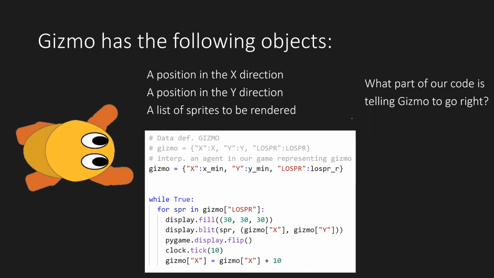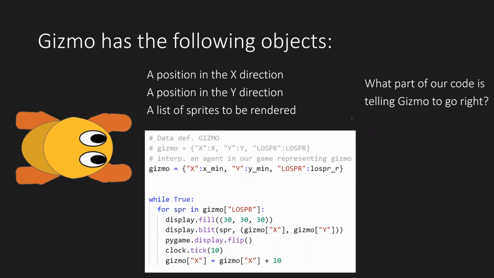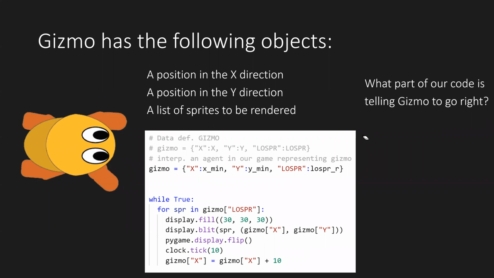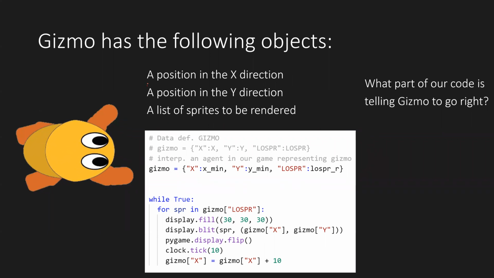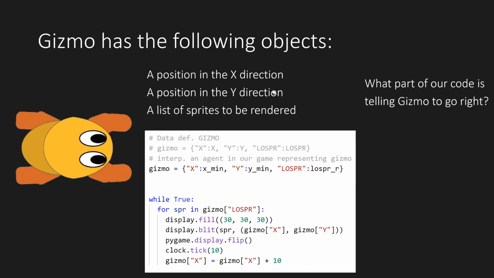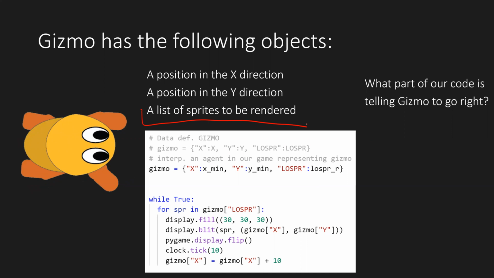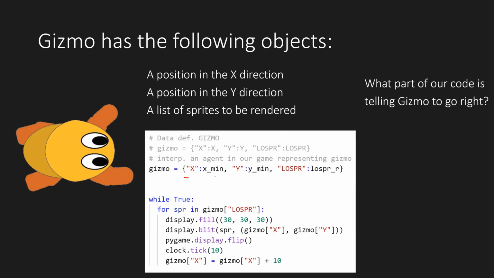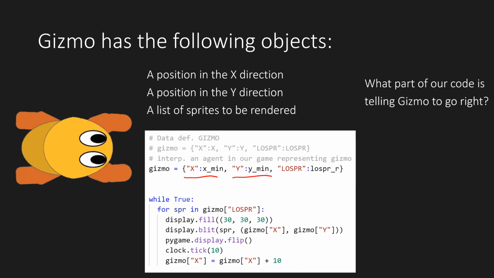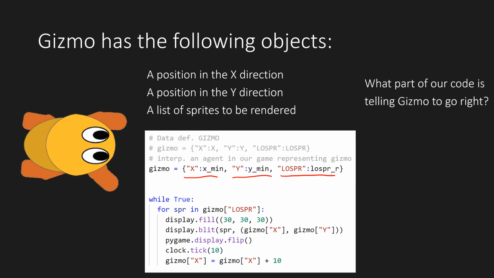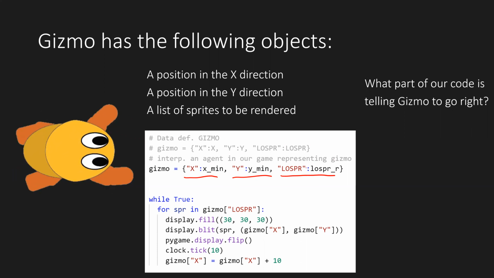So Gizmo currently has the following attributes, and here is the definition, the same one that I was showing you live. So currently Gizmo has a position in the X direction, has a position in the Y direction, and has a list of sprites to be rendered. Those are these three elements: X, Y, and list of sprites. So here is a question for you guys.